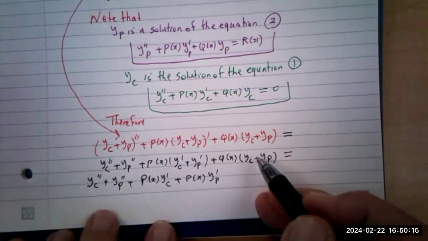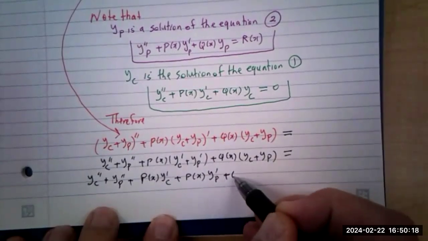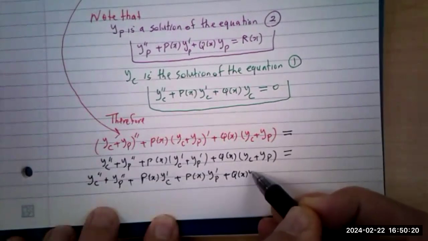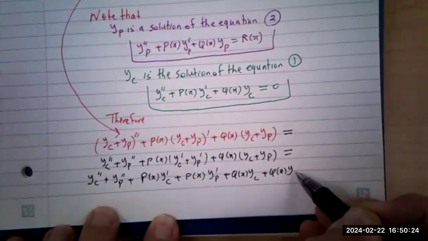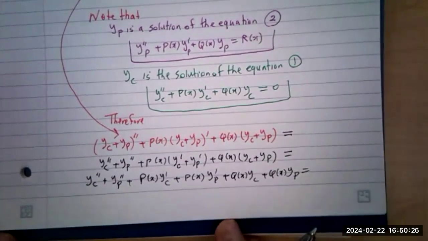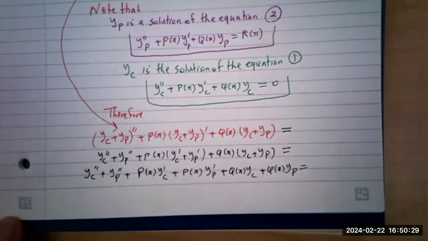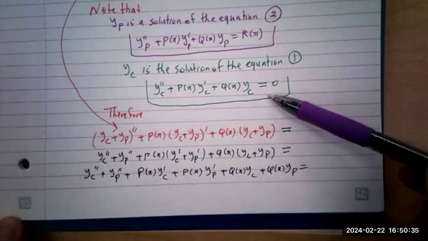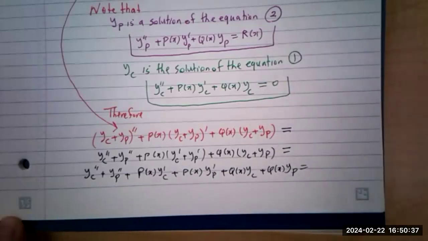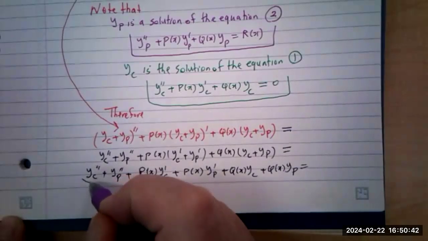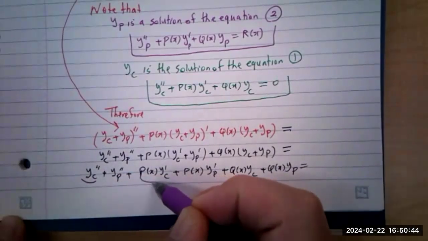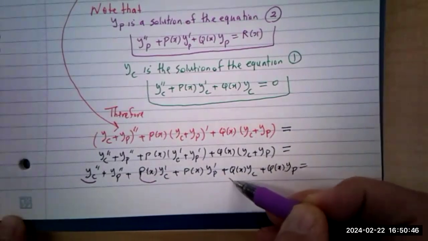Now multiply the q(x) inside: plus q of x times yc plus q of x times yp. I just distributed it. Now I'm going to group them together so that I'll be able to use these two identities that I put over here. Look at this one: group the terms with yc.